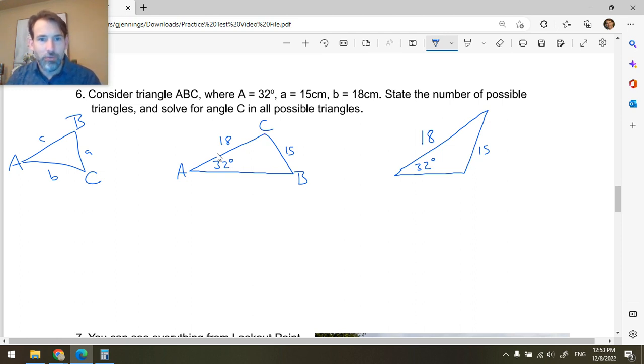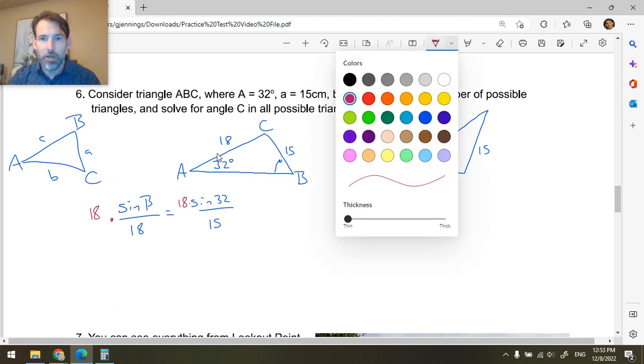So we are looking for, let's find angle B. Okay, and so let's put our unknown on top. Sine B over 18 is equal to sine 32 over 15. And then we go ahead and multiply both sides by 18 to give us this expression.